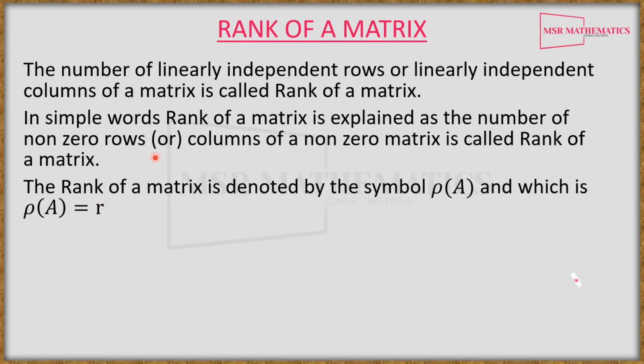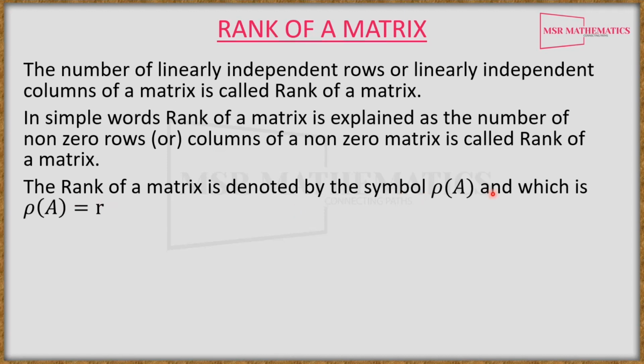Here we have to observe this. The definition of rank of a matrix is the number of non-zero rows or the number of non-zero columns of a non-zero matrix. To obtain the non-zero rows, you have to apply the row reduced echelon form of the matrix. In a similar way, to obtain the non-zero columns, we have to apply the column reduced echelon form of the matrix.